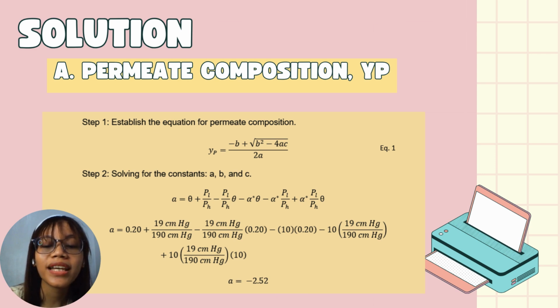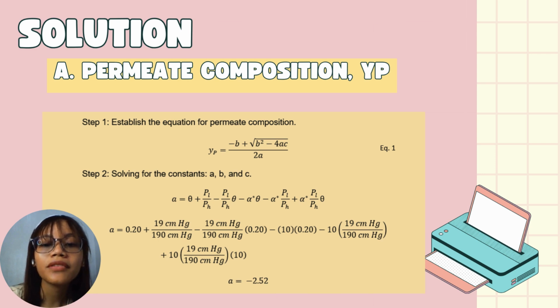A is equal to theta, the fraction cut, plus PL over pH, the pressures, minus PL over pH theta, minus alpha. Alpha is the fraction of the permeability of oxygen and the permeability of the nitrogen. Then multiplying it to the theta, minus alpha PL over pH plus alpha PL over pH times theta.